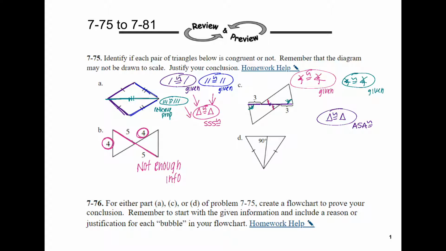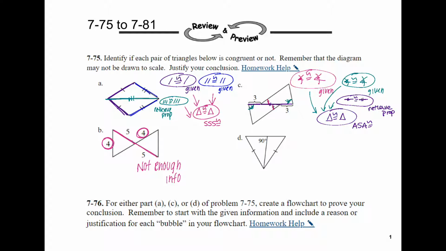And we want to use that the side with two tick marks was congruent to the side with two tick marks based on the reflexive property. So all three of those together lead us to the triangles being congruent.